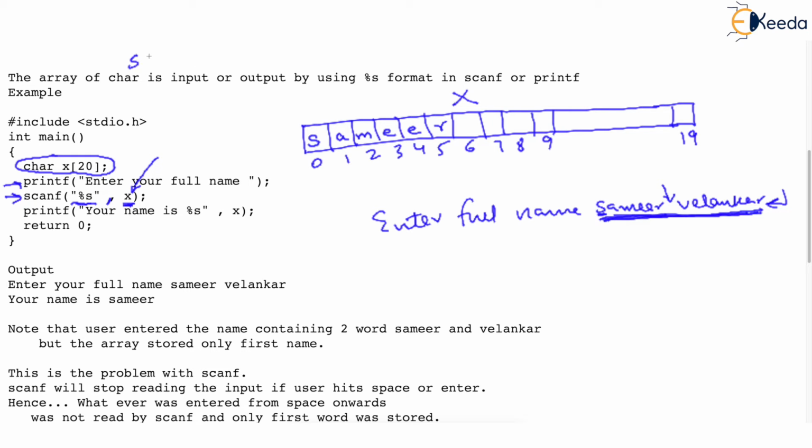Check the scanf, I am writing it again over here. We have said scanf, and whatever you scan should be stored in the X array. But what are you scanning? You are scanning a string, so %s is the format. This allows the user to input the string, and whatever string is entered will be stored in the X array.